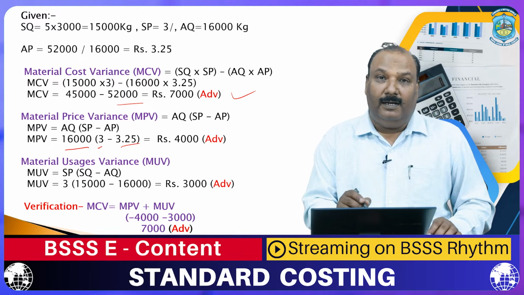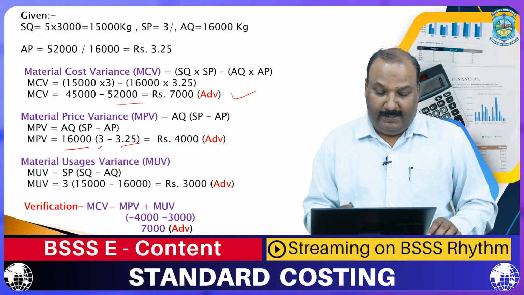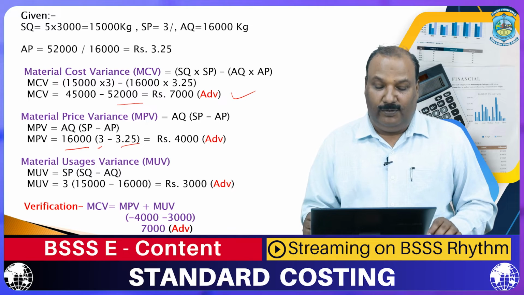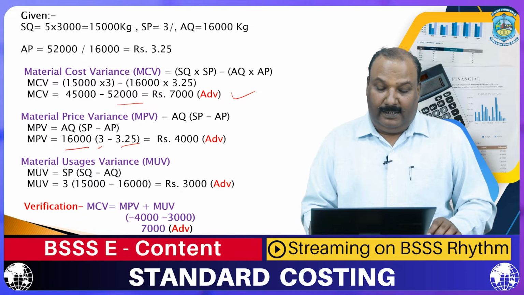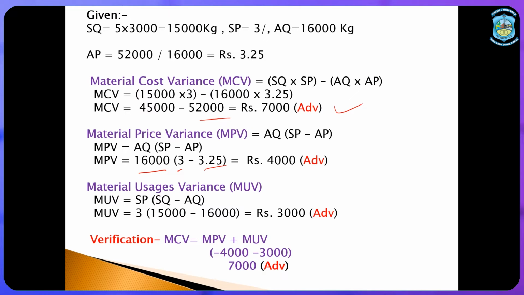If we calculate 3 minus 3.25, a negative value of 0.25 will be there. If we multiply 0.25 into 16,000, the result will be 4,000 rupees. It is also a negative value, so it is adverse.